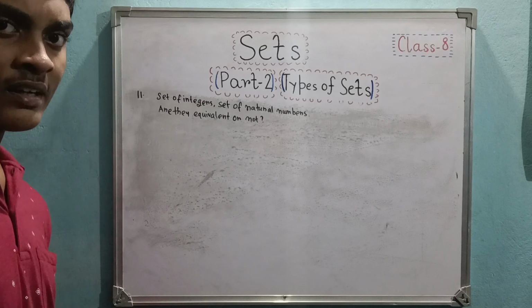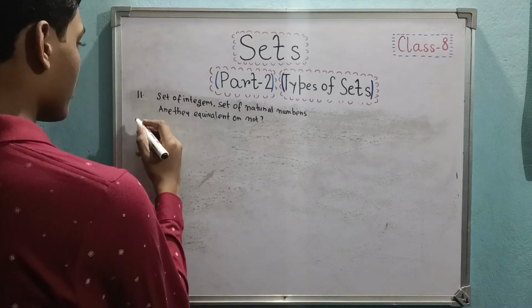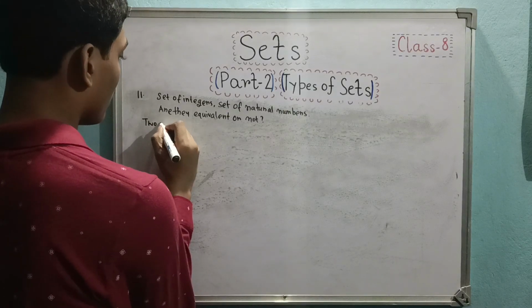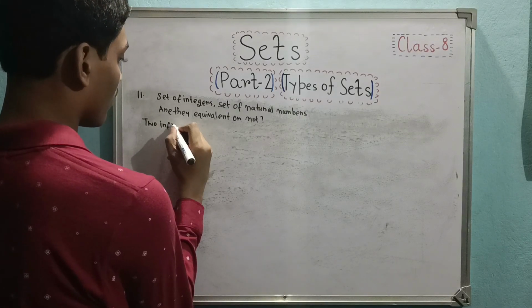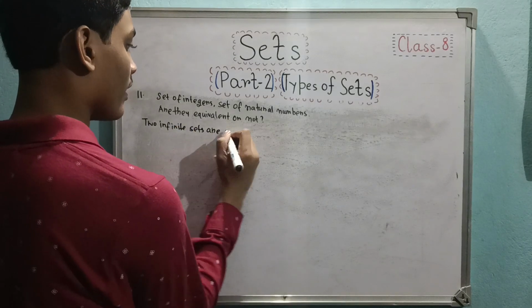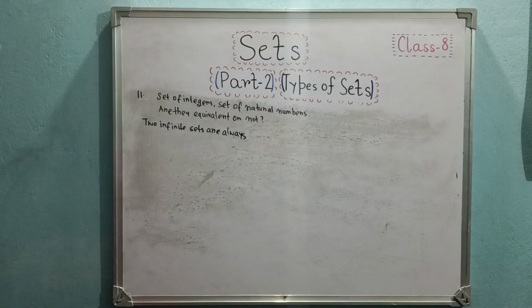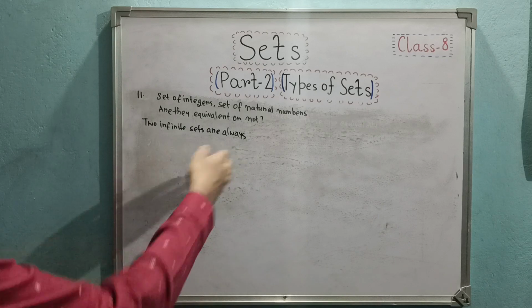Two infinite sets are always equivalent. That is the main principle. Always remember this. Two infinite sets are always equivalent because we don't know how many elements they will end up with. That is beyond our concern, if you just know this statement.